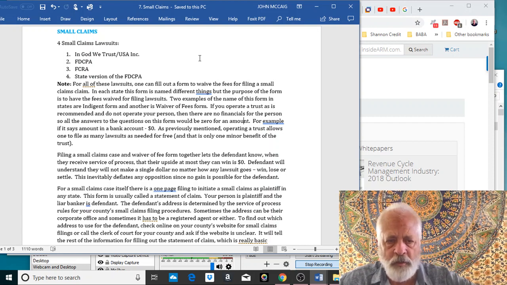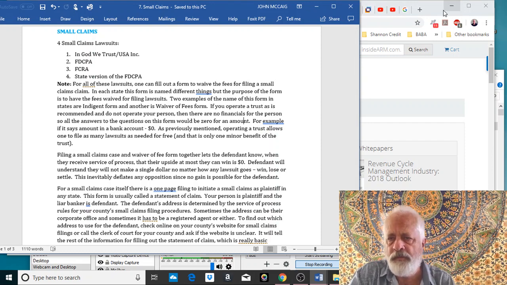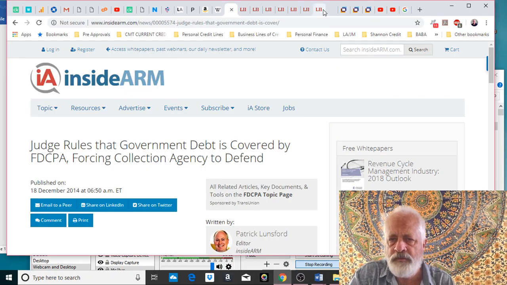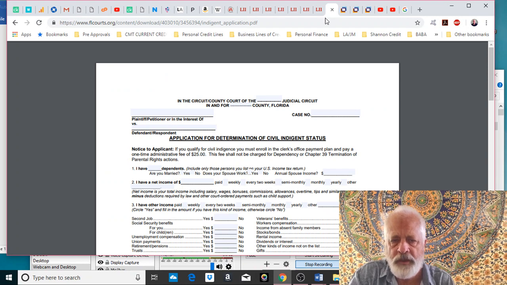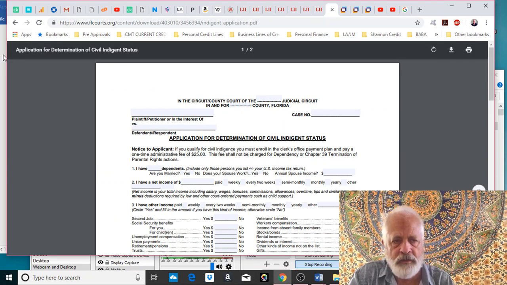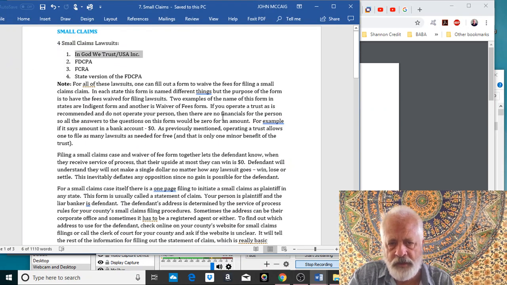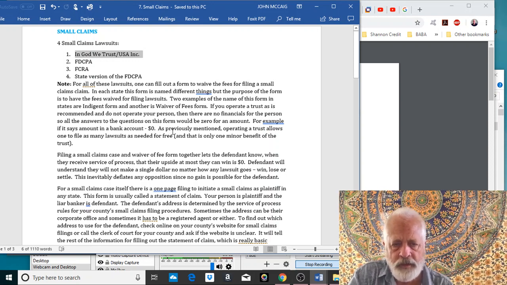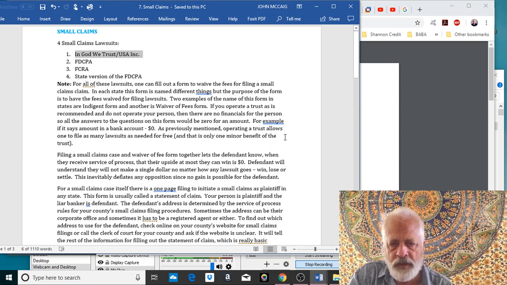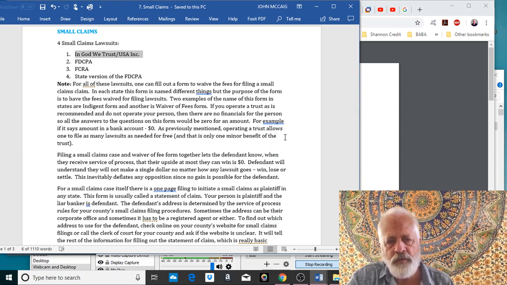So all the answers to the questions on this form would be 0 for an amount. Remember, we were just talking about this form. Right here, the application. We talked over that, right? Zeros. For example, if it says an amount in a bank account, 0. As previously mentioned, operating a trust allows one to file as many lawsuits as needed for free.